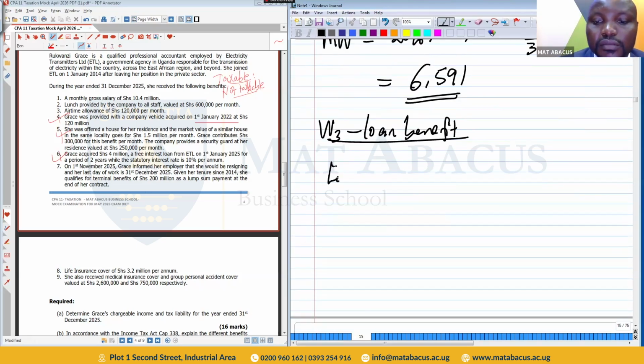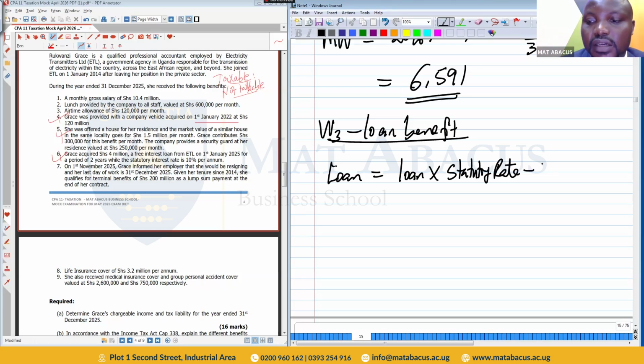so the loan benefit is equal to the statutory rate. So you get the loan times statutory rate minus the company rate. That would be the loan benefit.